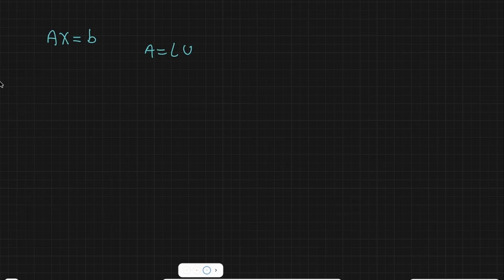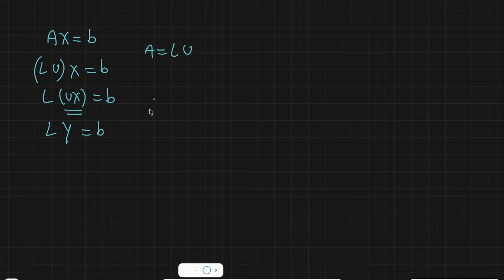That is L into U. So I can just simply write LU into X is equals to B. And I will just consider this UX is equals to some y. So let UX is equals to some y.